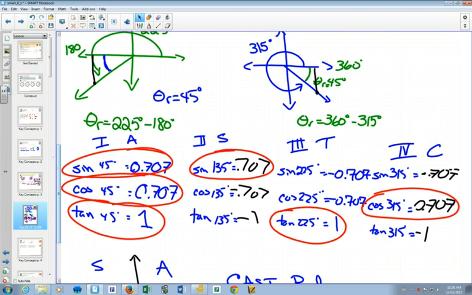And according to the cast rule, sine is positive in quadrant 2. So sine of 495 degrees will equal 0.707. You're going to know something about how it happens in quadrant 1, and then be able to figure out what's happening with angles wherever they end. So this is a big idea that way. Okay, let's go to example 1.